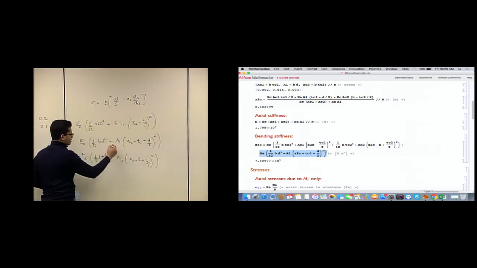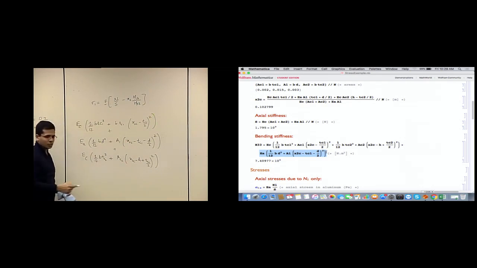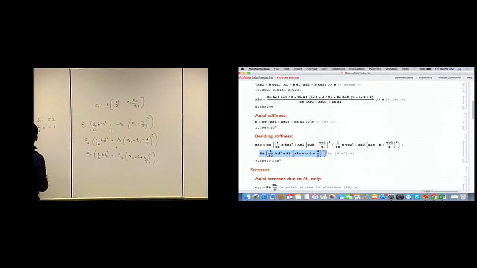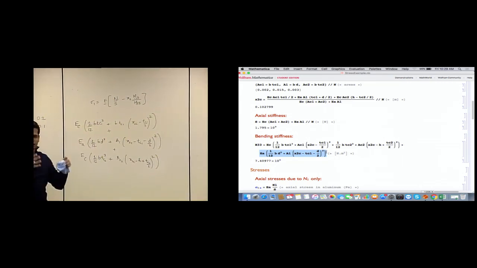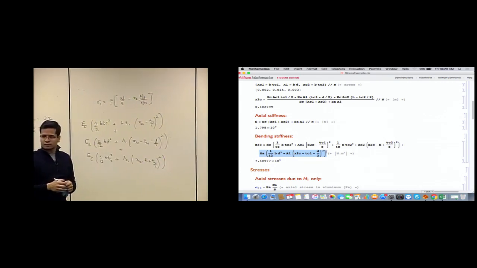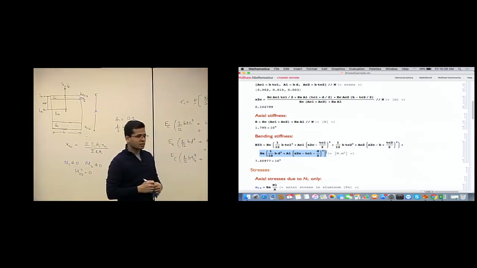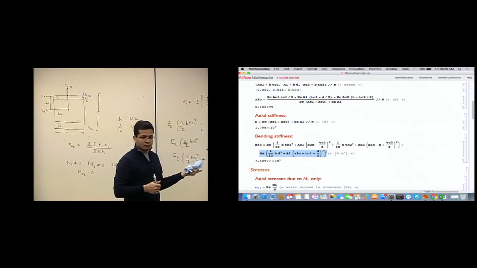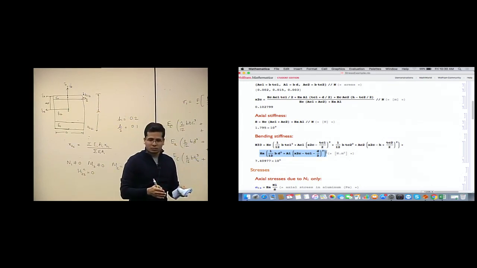And then we will add all these expressions, because we know that the sectional bending stiffnesses are additive, so we can just add all of them for each individual layer. And we can add them because we calculate each of these quantities at a common reference frame which is associated at the centroid of the section. If we are not considering the centroid of the section, we cannot add them. We have to calculate them in one reference frame before adding.